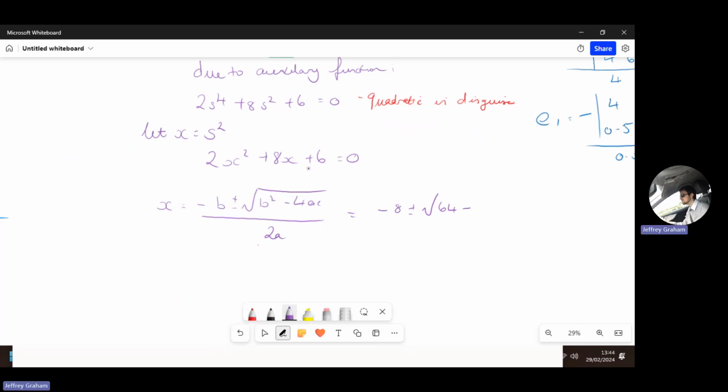So 4 times 6 is 24, times by 2. Four on the bottom. Just very quickly get the answers to this.